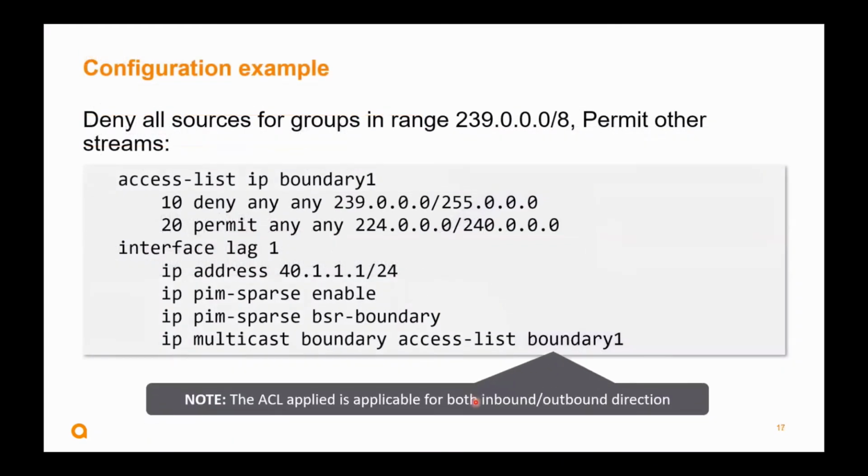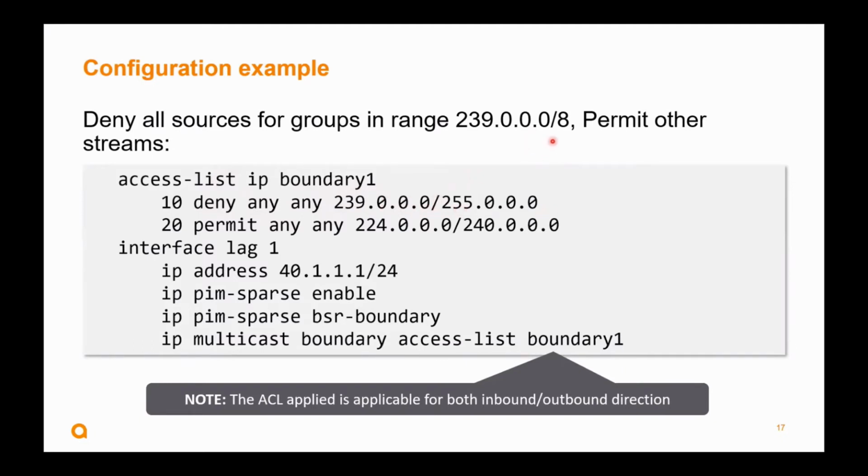Deny all sources for groups in the range of 239.0.0.0/8, permit other streams. Okay, so first we create our simple access list, called it boundary 1, and we're denying any source and destination being 239.0.0.0/8, right?